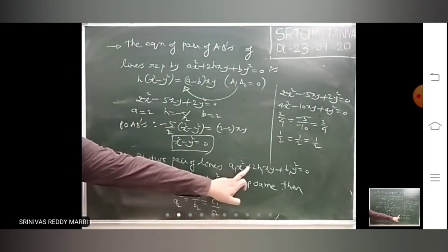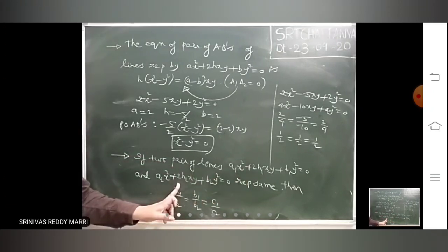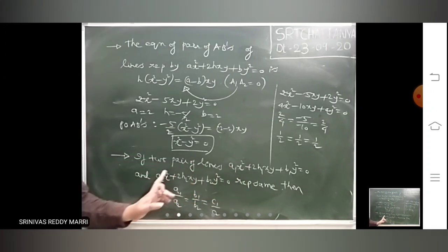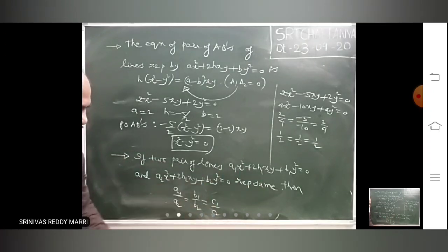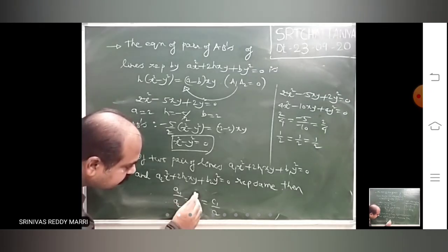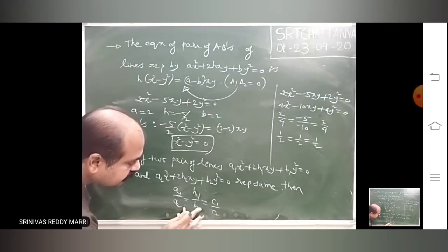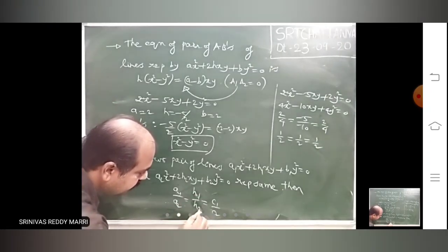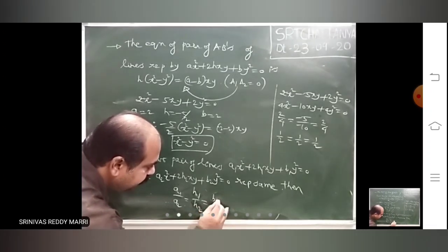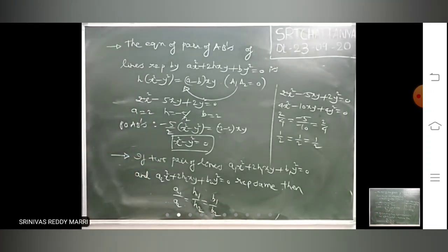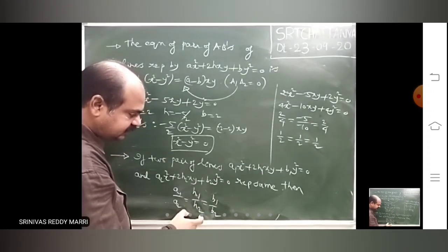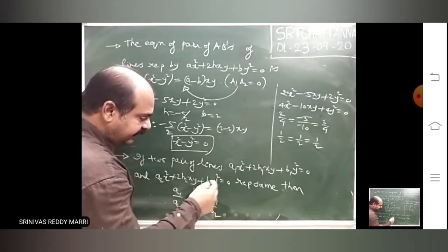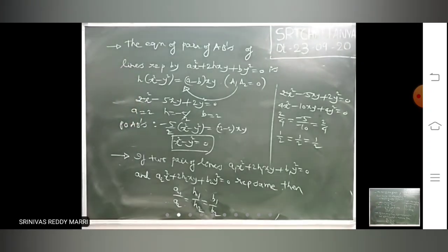So whenever two lines represent the same line, that means their ratio of coefficients, x square coefficient divided by x square coefficient, and the xy coefficient, h1 by h2 equal to b1 by b2. 2h1 divided by 2h2 is h1 by h2, and b1 divided by b2.